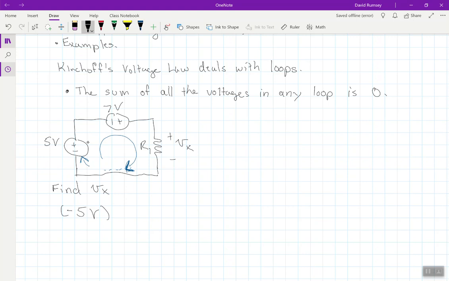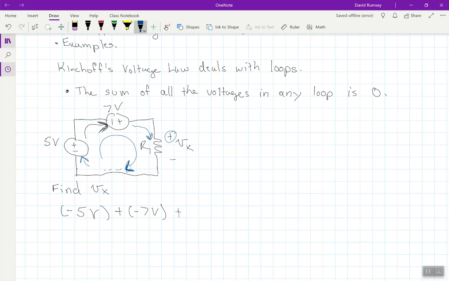I continue going on this loop, and I see that the arrow again is pointed into the negative side. So this would be plus negative 7 volts. And then I continue on here, and now I'm hitting the positive side of Vx.